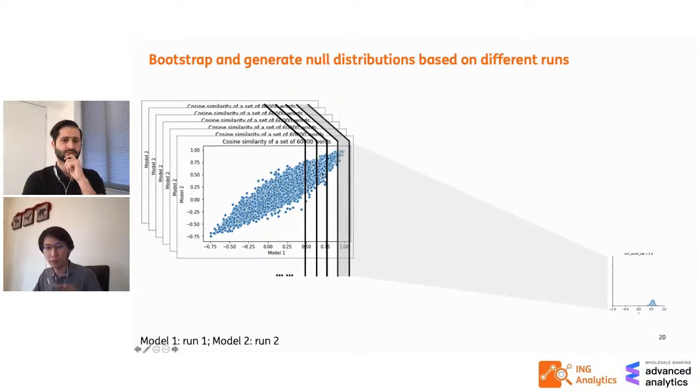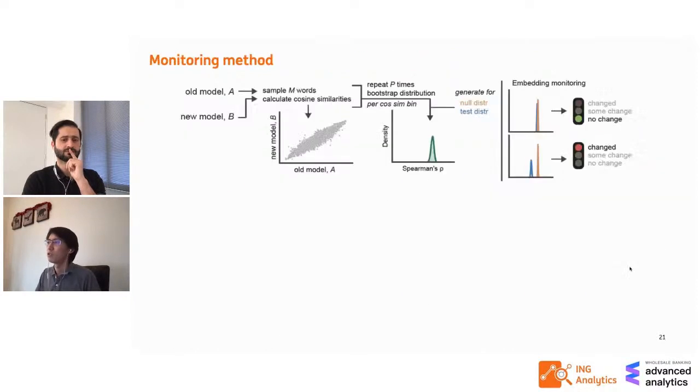I won't have much time to go into detail, except to say that we use the bootstrap method to generate an underlying null distribution that we can compare against. By comparing the distributions from models run to run on the same data, we can generate the underlying null distribution.